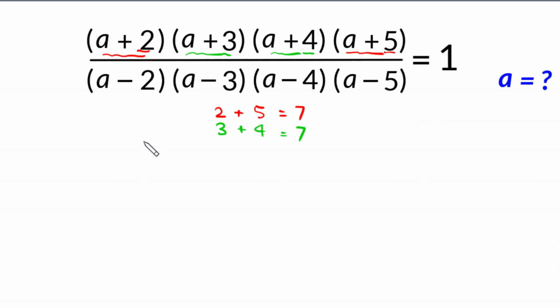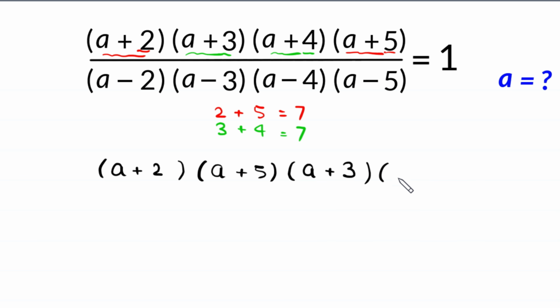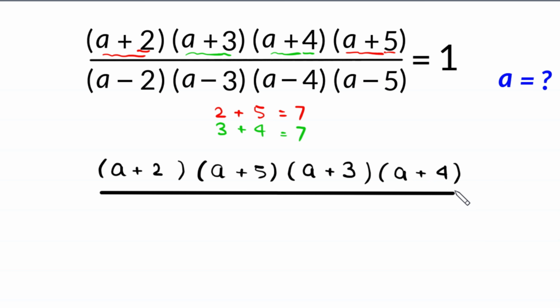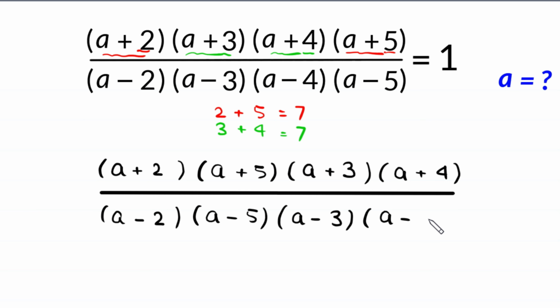So this will become (a + 2)(a + 5)(a + 3)(a + 4) divided by, in the same way, this denominator will become (a - 2)(a - 5)(a - 3)(a - 4) equal to 1.